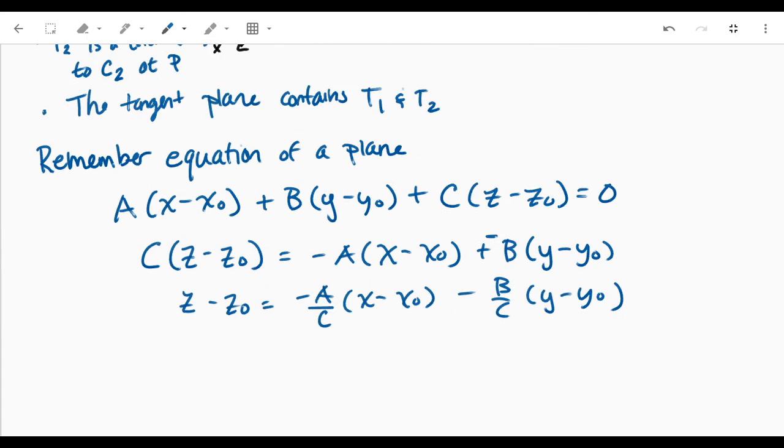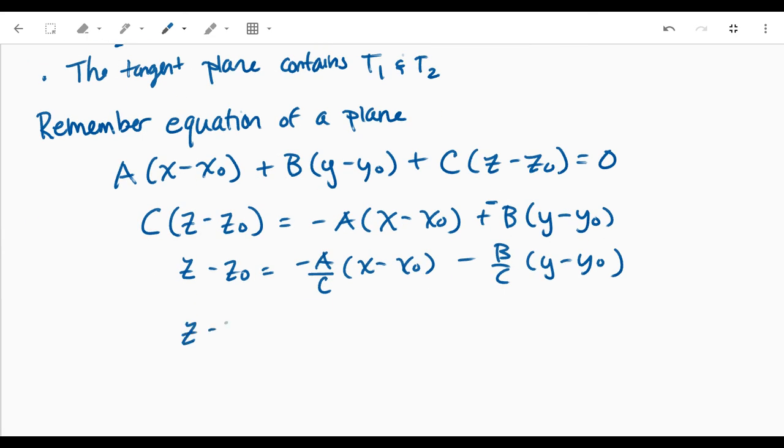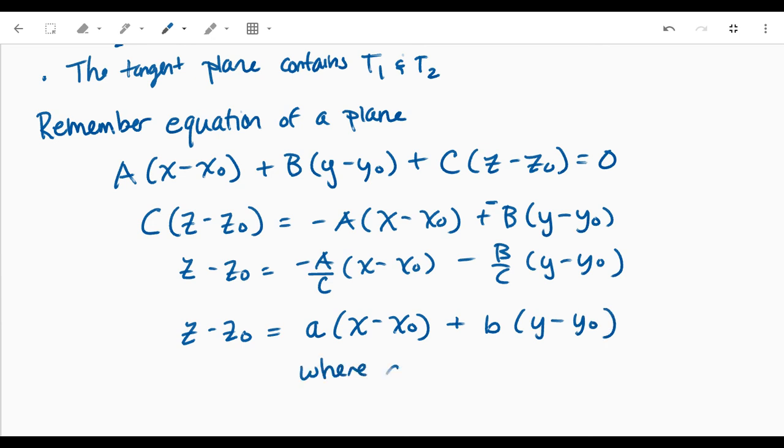Okay, and now we're going to replace those. Instead of negative a over c, we're just going to call it a lowercase a. Okay, and then a lowercase b. There you go. Okay.